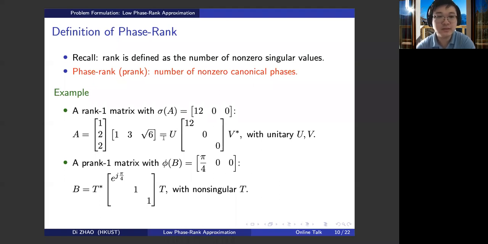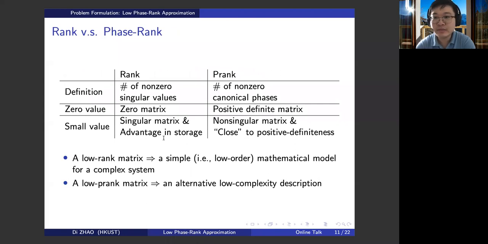Let's do a little bit more comparison, because we know that low rank matrices are good and accepted as an important tool. So let's try to understand more about the low phase rank matrix. Let's look at the most extreme case.